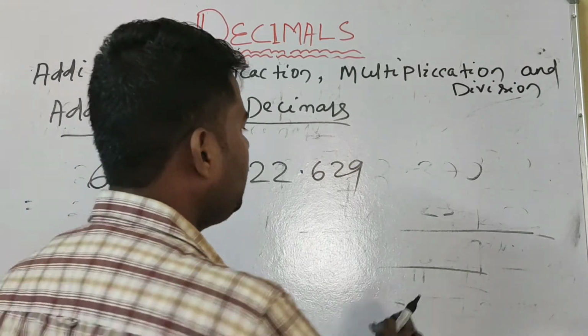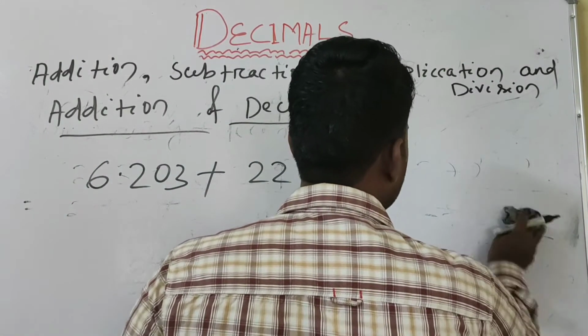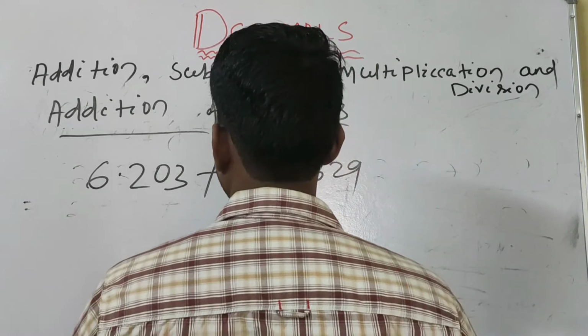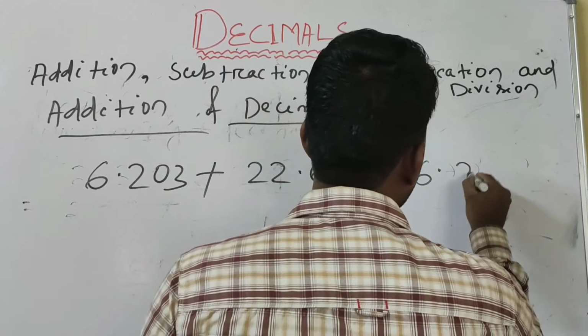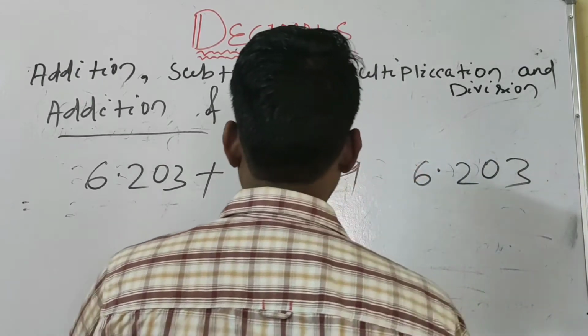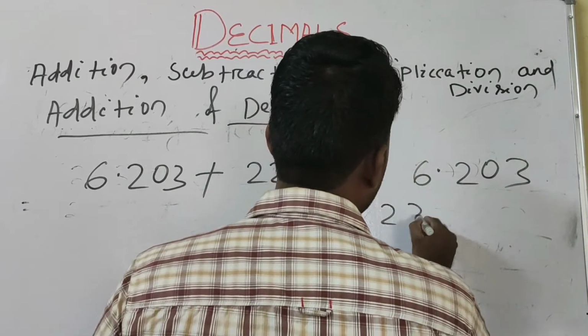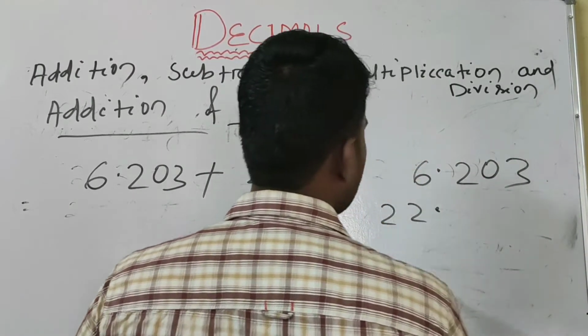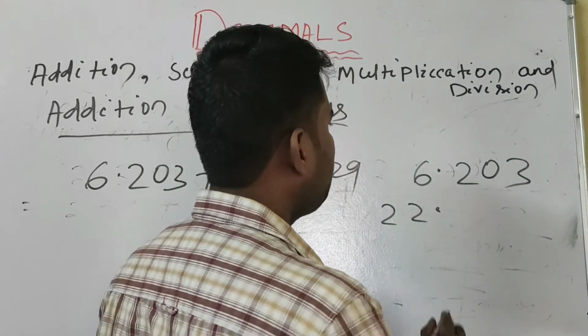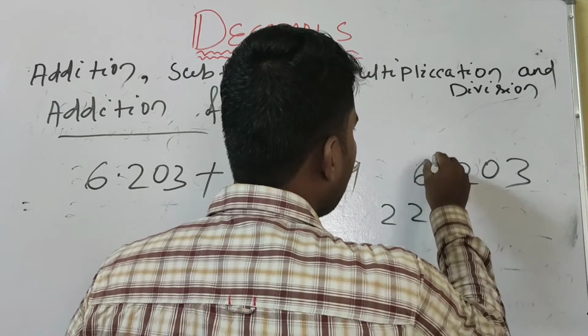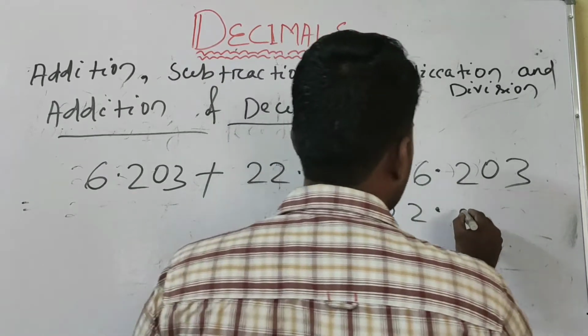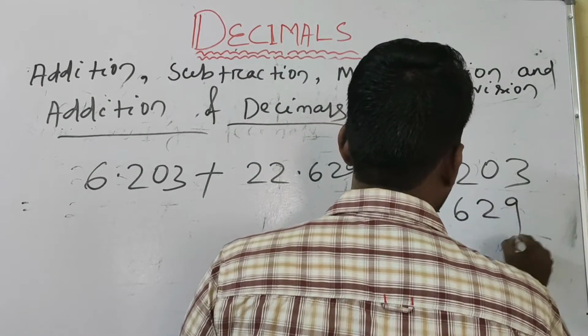So we only have to arrange them in columns, one under another. First we write 6.203 and the second we write 22.629. We only require the decimal point under the decimal point in the same column.